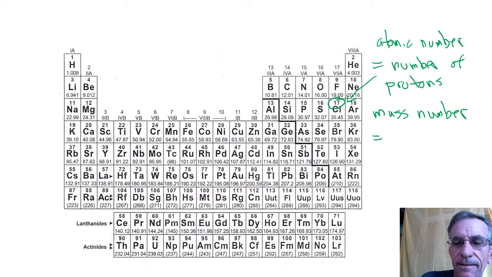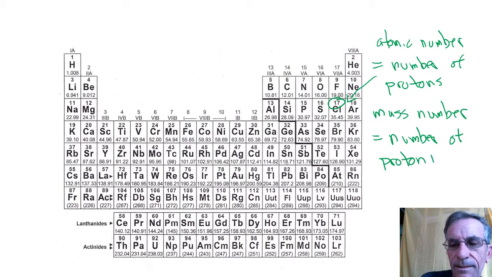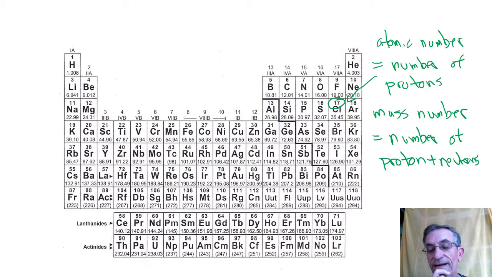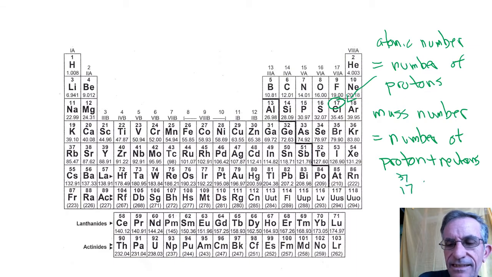It's the number of protons plus the number of neutrons. Typically I gave you a symbol, maybe something like this, 37 17 Cl. That 37 would be the mass number, and the 17 is the atomic number.